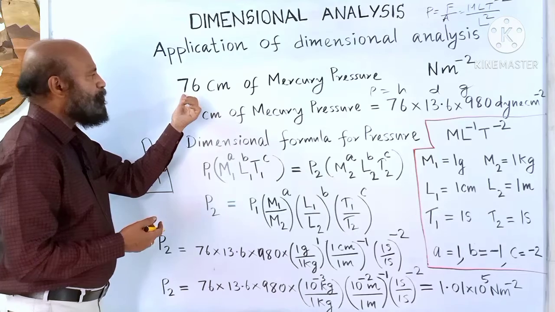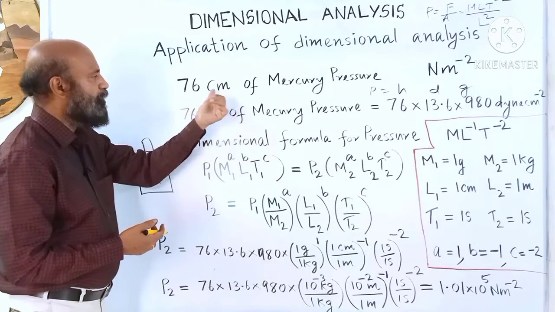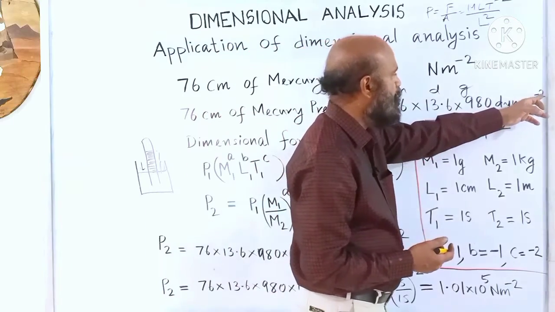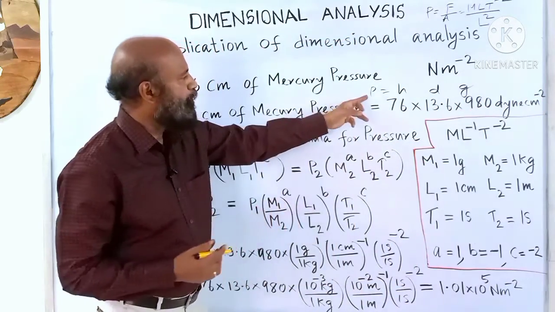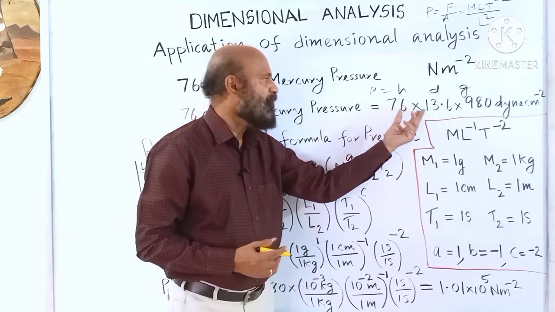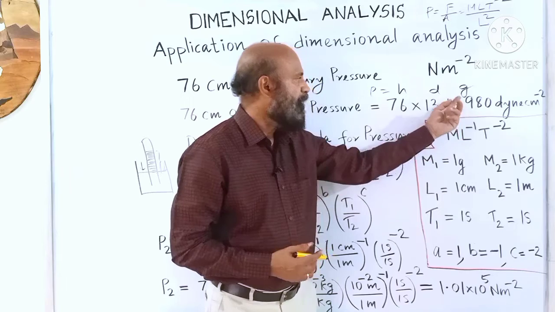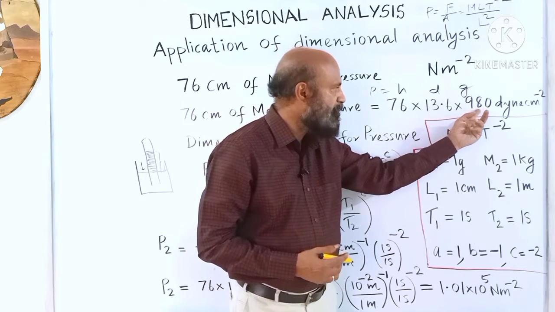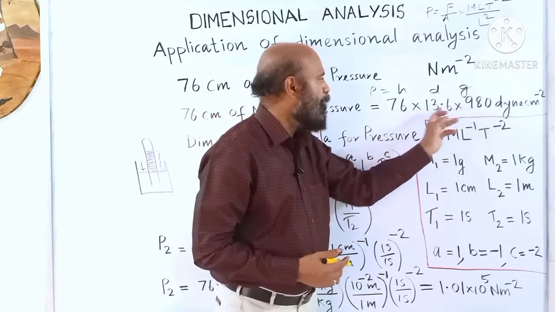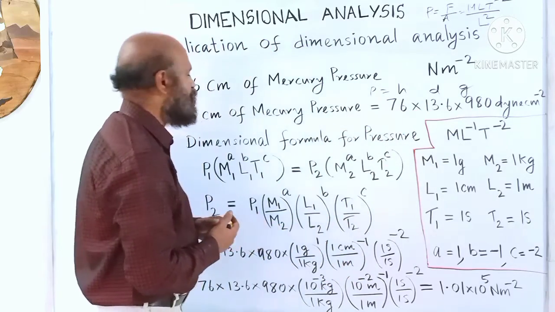It is given in terms of the height of the mercury column, 76 centimeter. First you have to express it in dyne per centimeter square. Pressure is given by the formula h d g: height of the mercury column 76, density 13.6, acceleration due to gravity in CGS system 980. So this is the atmospheric pressure in CGS system.